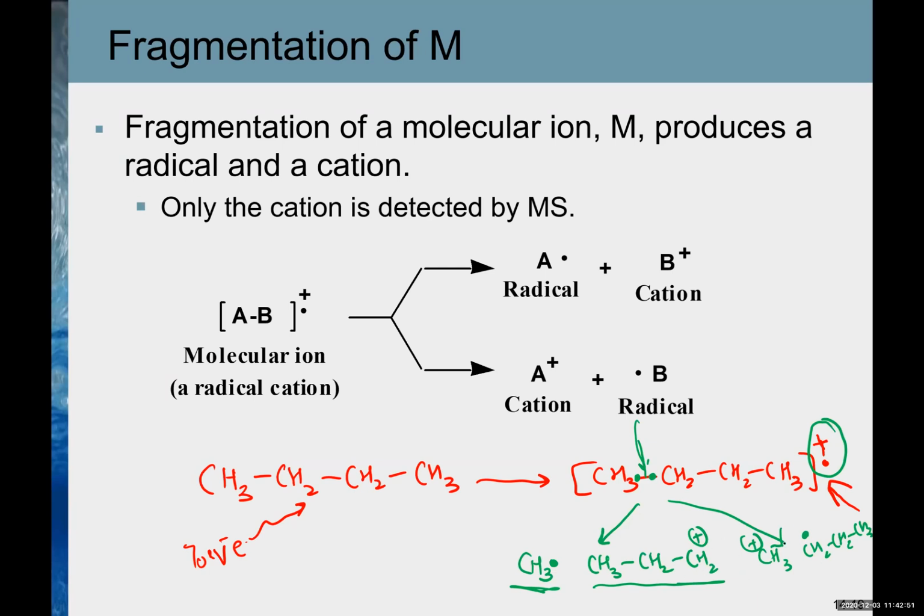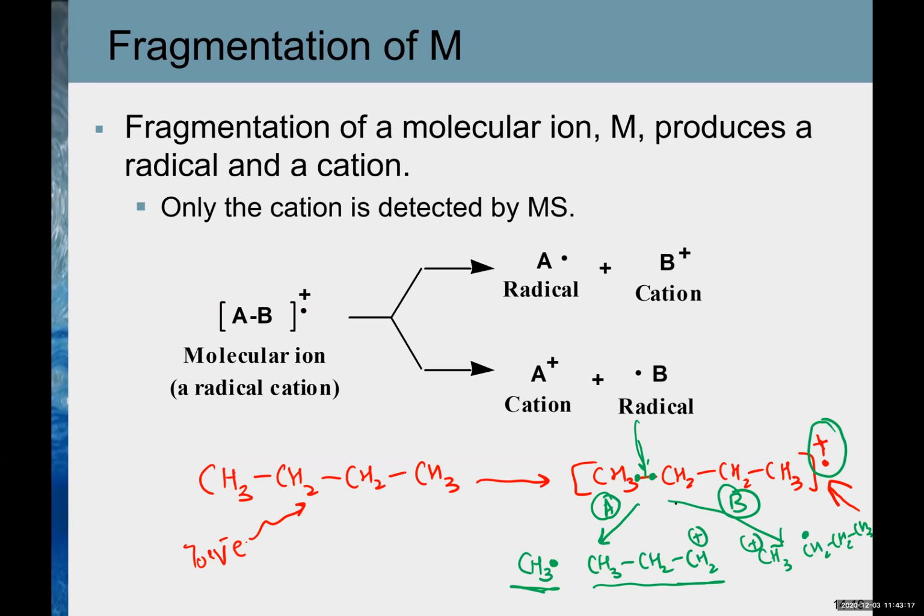Now, one of the possibilities is more likely than the other, and that depends on the stability of the carbocation. In whichever possibility the carbocation is more stable, that possibility will be preferred. So now you tell me, is A more likely or B more likely?